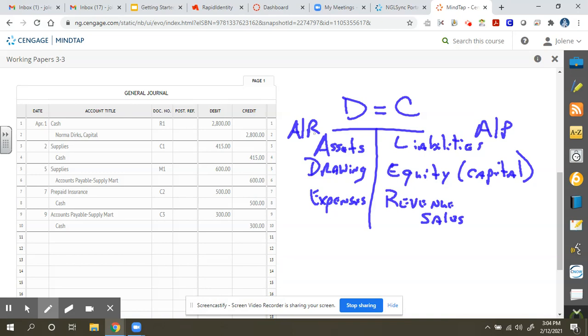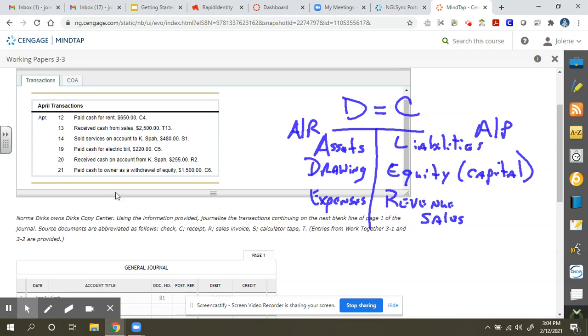Okay, so keeping that in the margin so we can refer back to it as we do these transactions. First transaction is on the 12th, paid cash for rent. So I've got to figure out what 2 accounts are being impacted. Well, I know cash is being impacted, and it says paid cash.